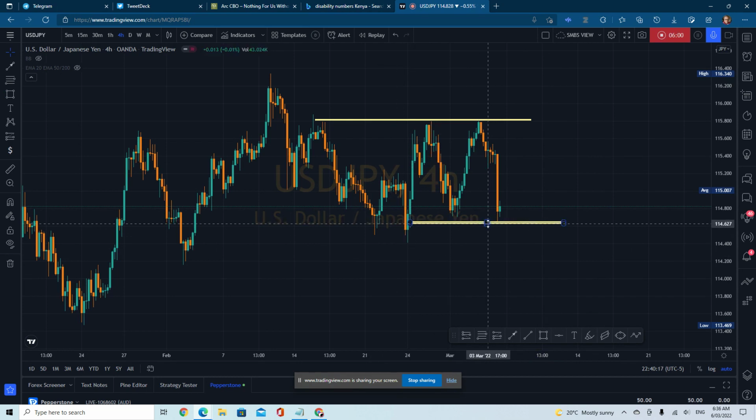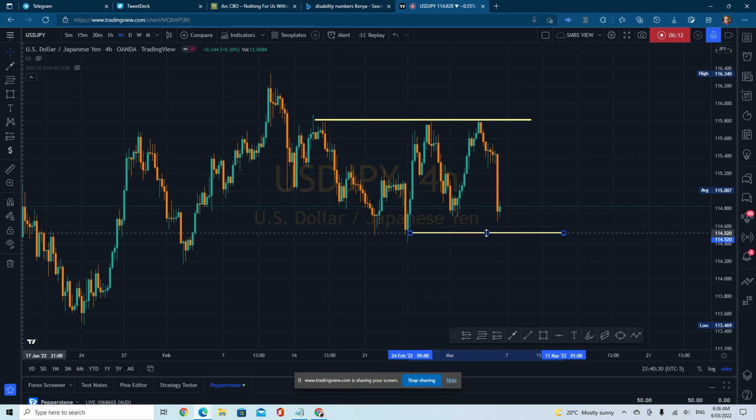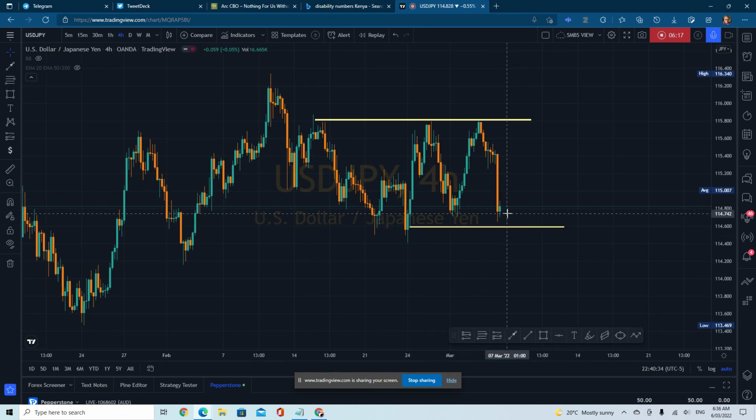And if we are to expand this on the left, we see that this region has been respected before. So that basically means it is most likely that this is the liquidity area on this market.